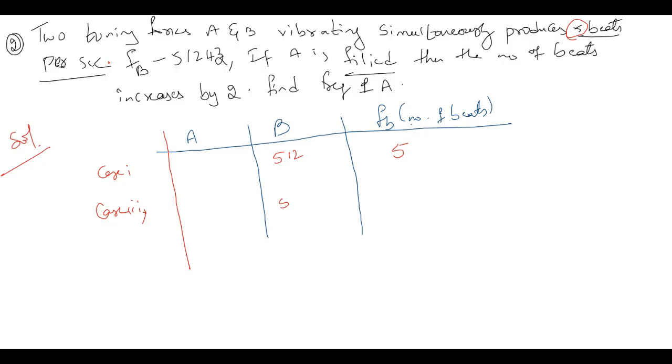So the frequency of B will not change. If the difference is 5, this should be either 512 plus 5 or 512 minus 5. If it is 512 plus 5, then it is 517. In the other case, 507. Yes or no?